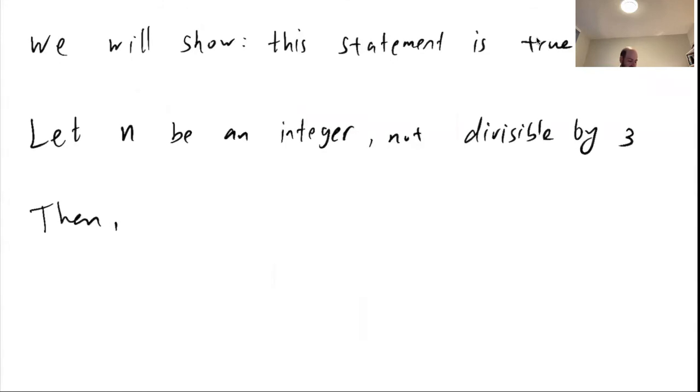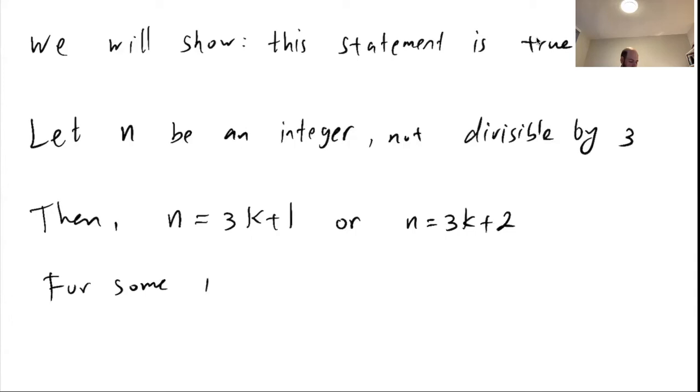So n is an integer not divisible by 3, so I can write n as 3k plus 1, or n equals 3k plus 2, for some integer k. Well, why is that? This is because, recall the division algorithm.